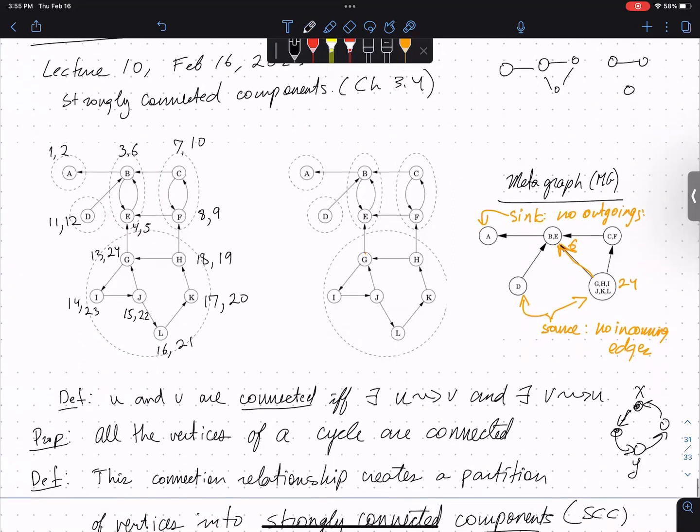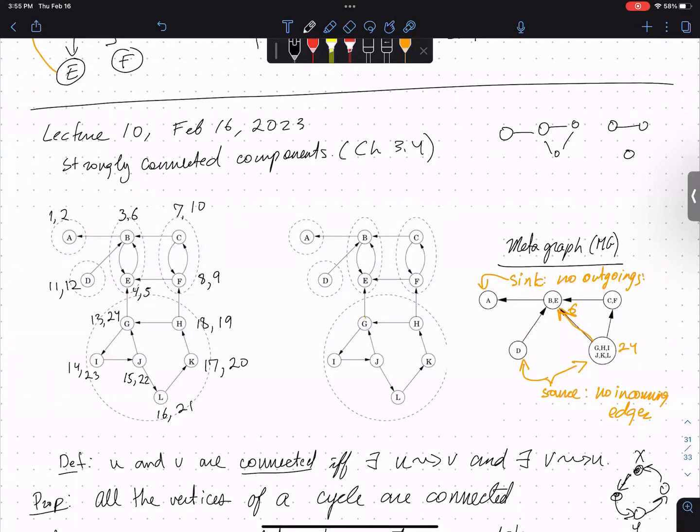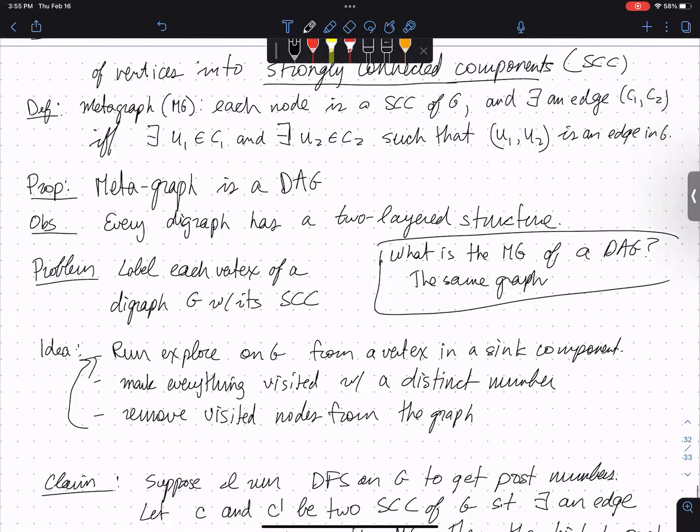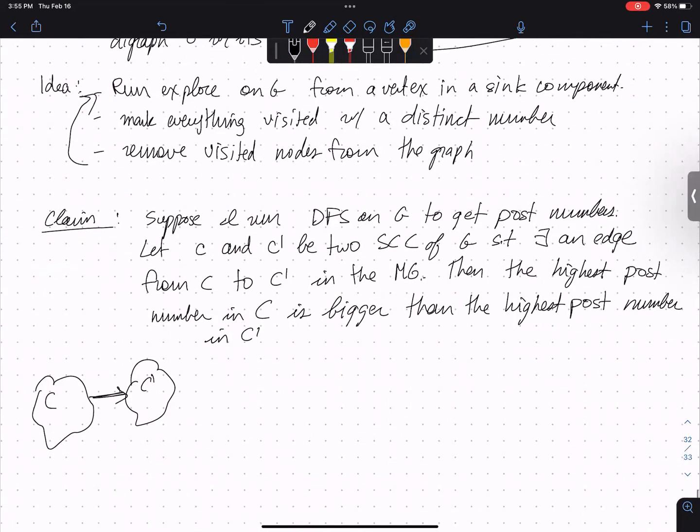So let's try to extend that to a proof. Why is that the case? It goes back to the way DFS works. DFS is exploring stuff, and at some point, it hits a vertex either in C or C prime, the first vertex it hits.